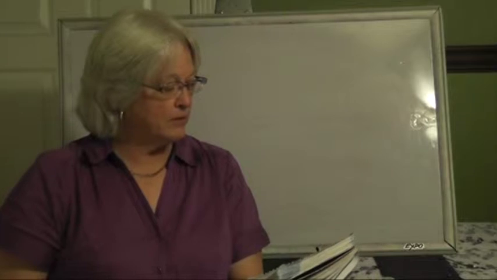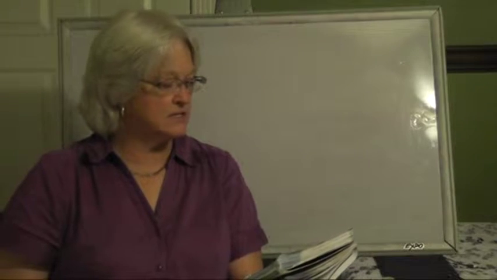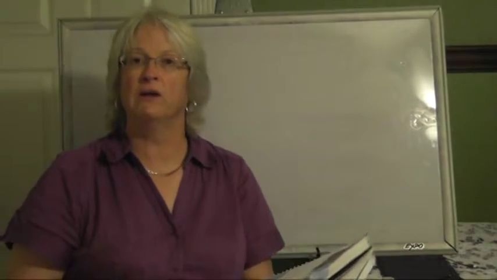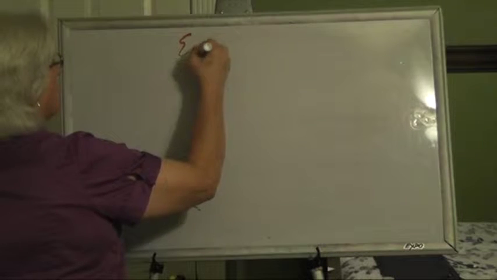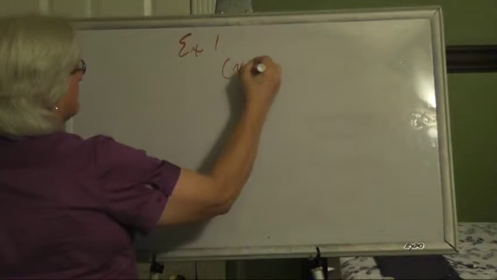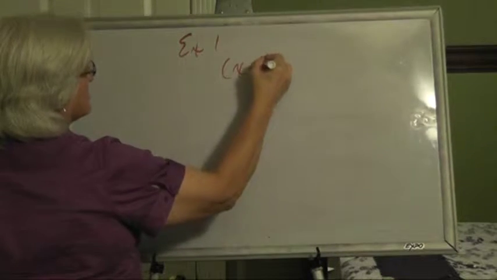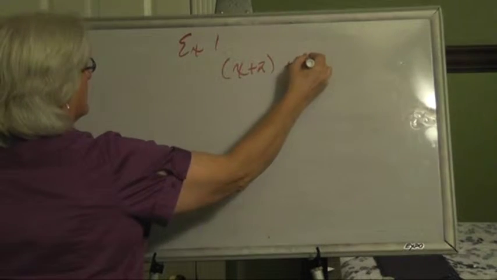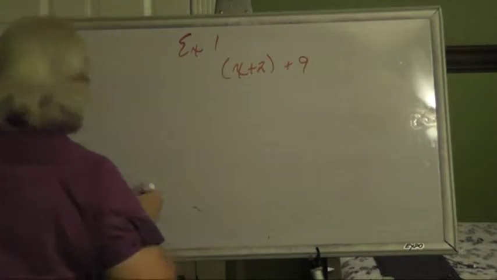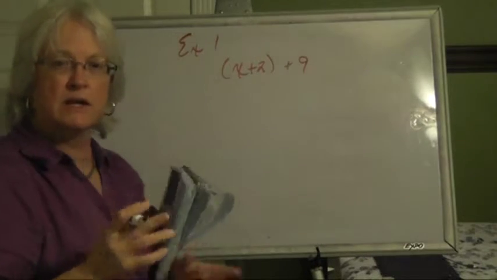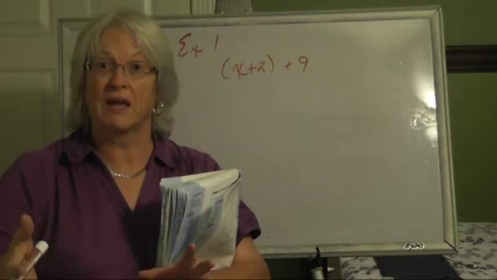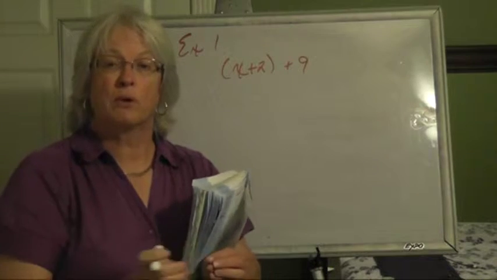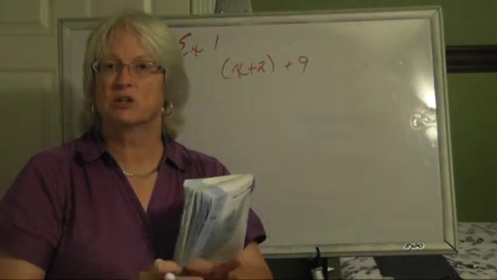Let's look at example number 1, and this says simplify the quantity x plus 2, plus 9, by using the associative property of addition. The property works for both multiplication and addition.